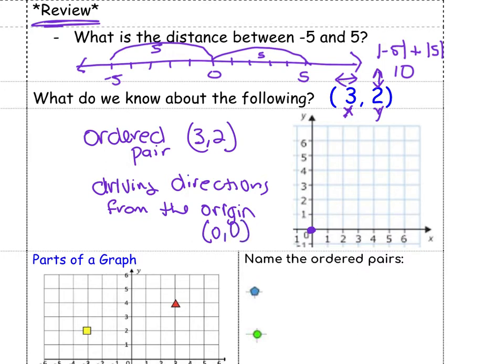So it tells us that we're going over 3 and up 2. So over 3, up 2, and this is our point. And just like when we plot a point on a number line, we are going to use that closed circle to plot that point.